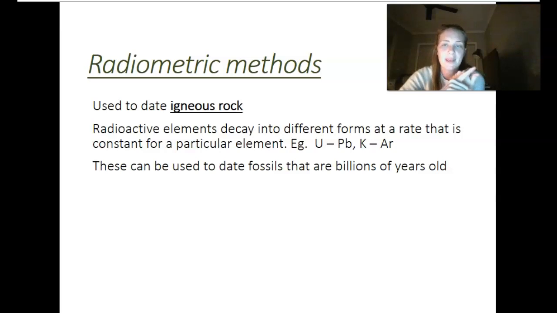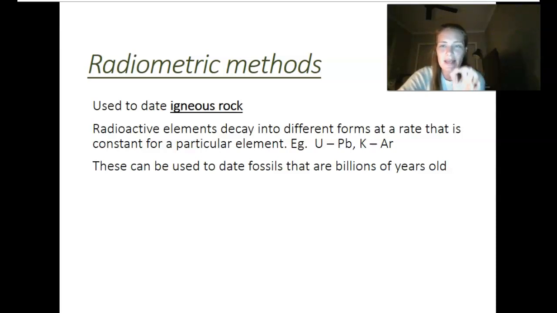Drawbacks are it's not as accurate, so the window of estimation that we get might be within hundreds of thousands of years. So an organism existed between this 100,000 years to this 100,000 years.